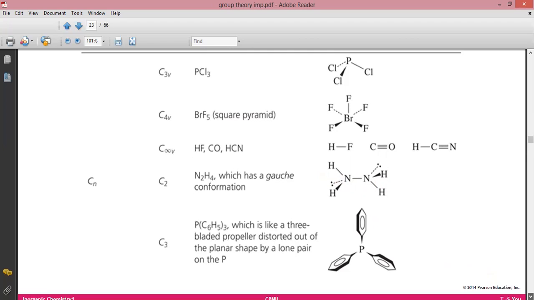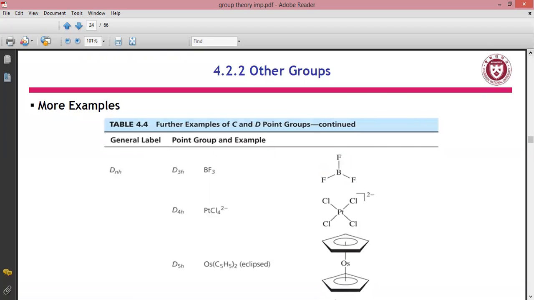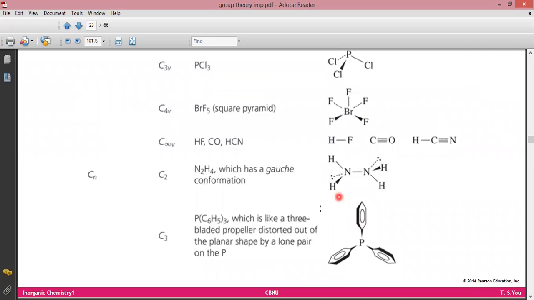I have discussed the example of PCl3 on the blackboard, but I could not fully draw this P(C6H5)3 example, and I could not make you fully understand it.